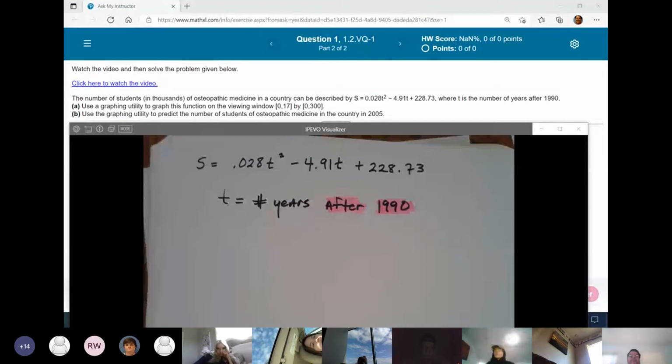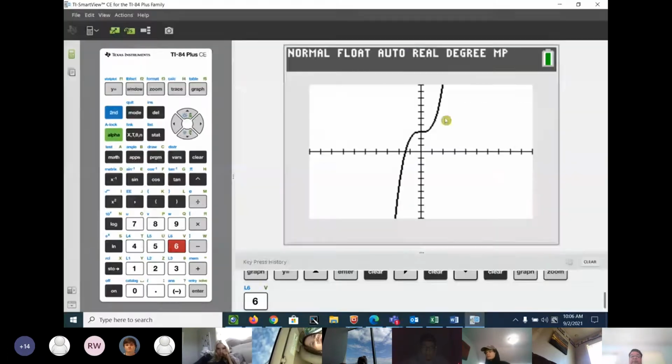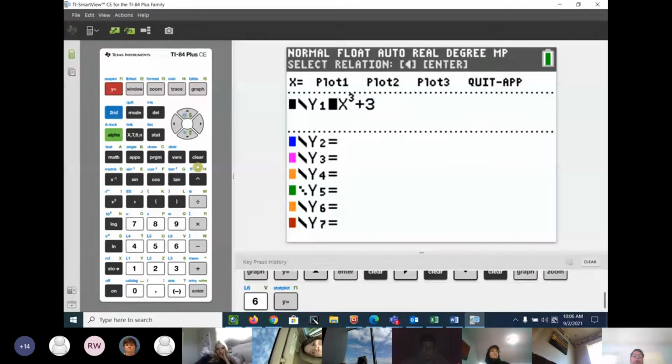So before I even do anything with this problem, I'm going to graph it. So I'm going to go to my handy dandy calculator and I'm going to graph this function. Y is equal to, and I'm going to clear all this.